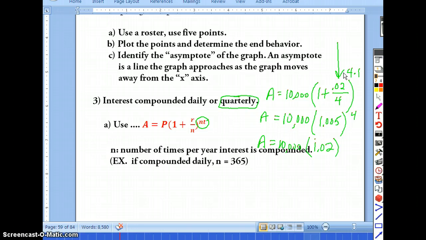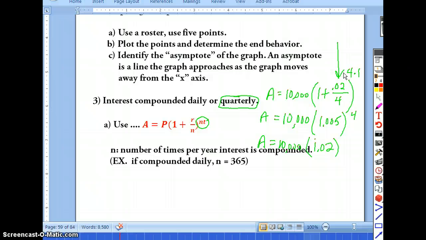If this was compounded every day, you could see how 2% compounded every day would be a lot different. If you took 0.02 divided by 365 and then raised it to the 365 power, you would see definitely a bigger difference in the amount of interest you're getting. That's why compounding more often is always beneficial to the investor.